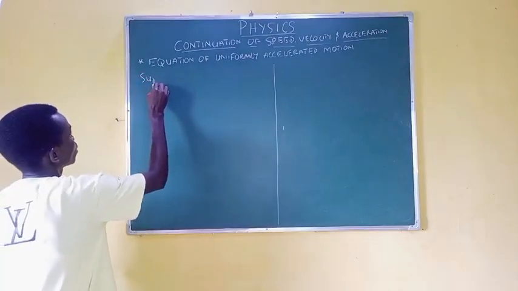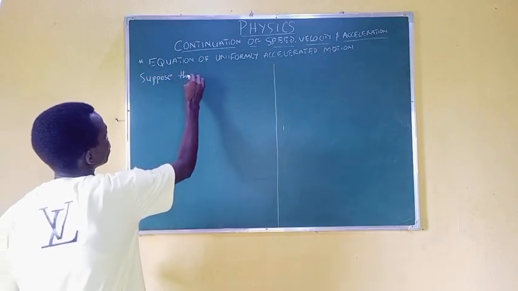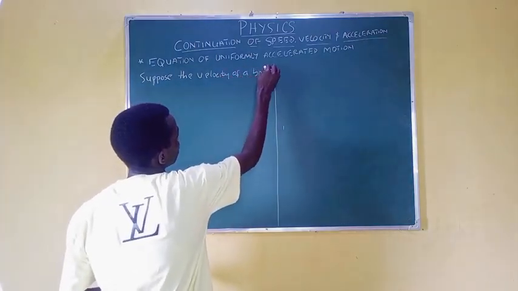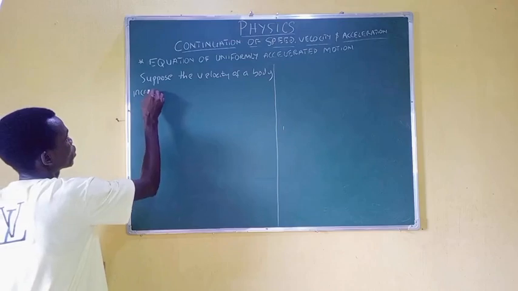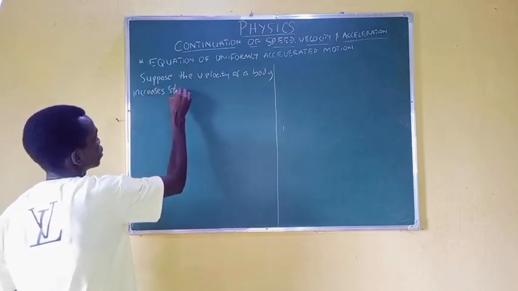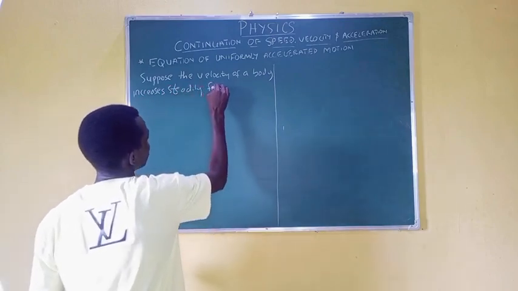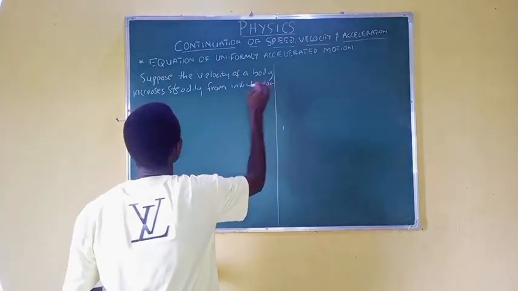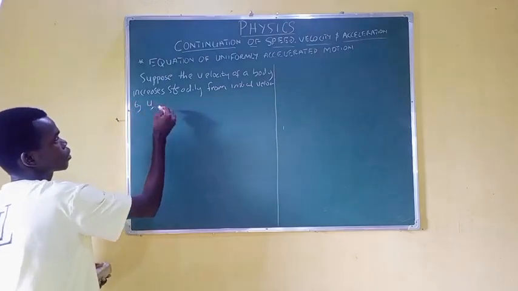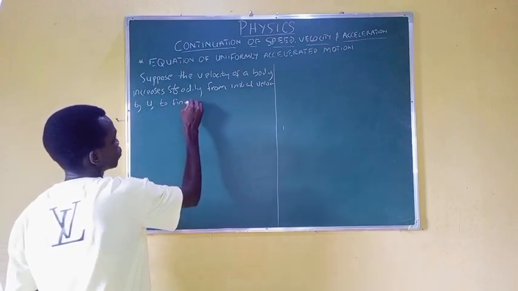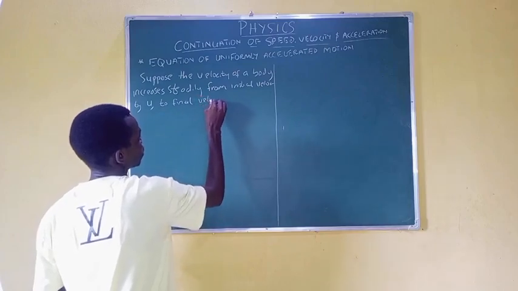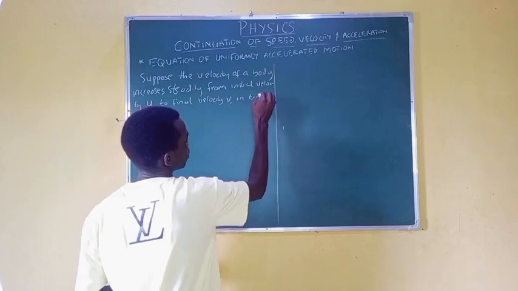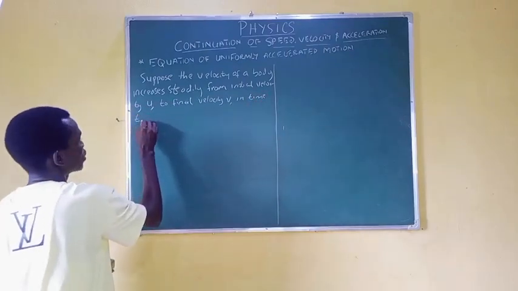And suppose the velocity of a body increases steadily from initial velocity u to final velocity v in time t.